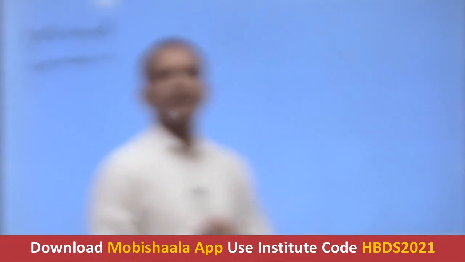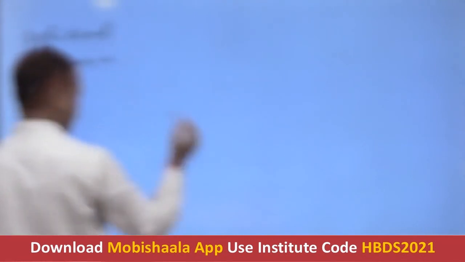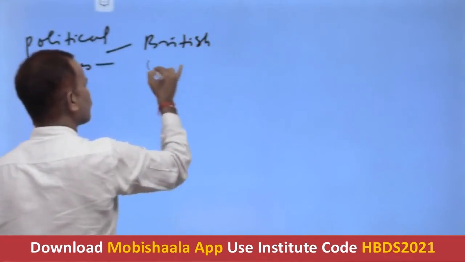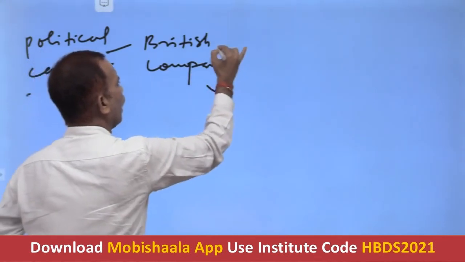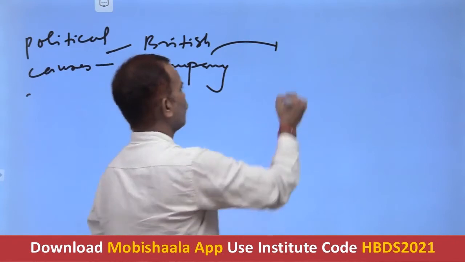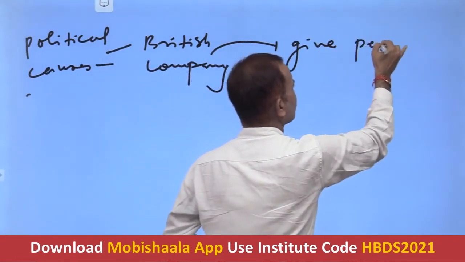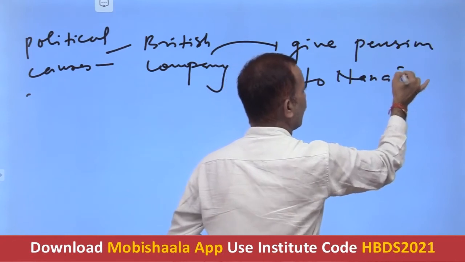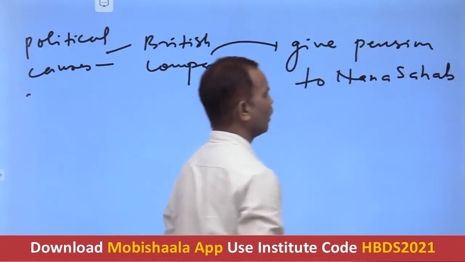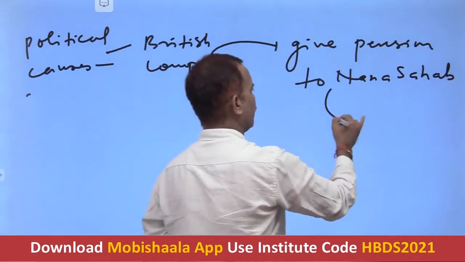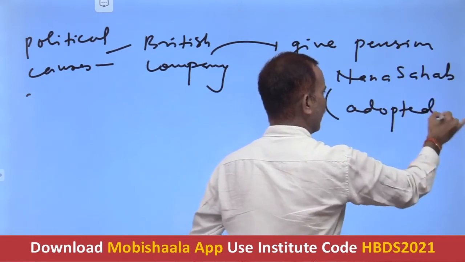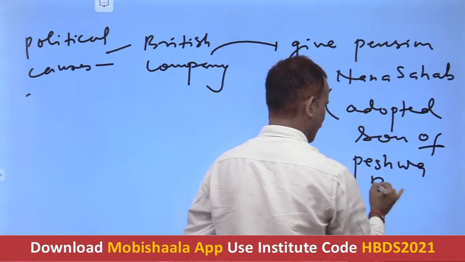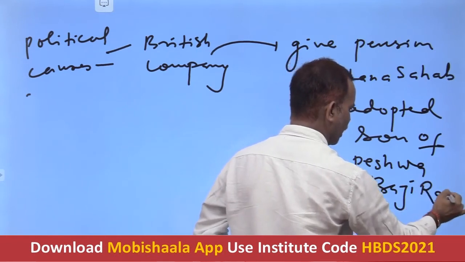The second political reason was British company also denied to give pension to Nana Sahib, who was the adopted son of Peshwa Bajirao II.